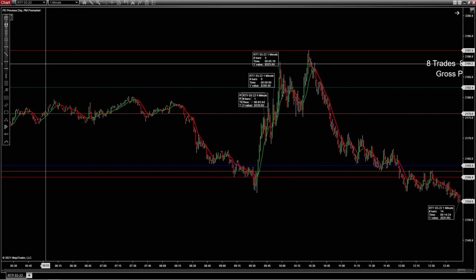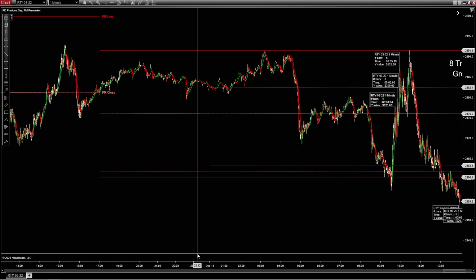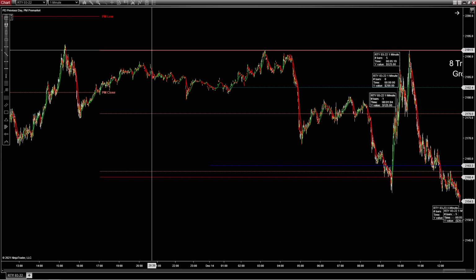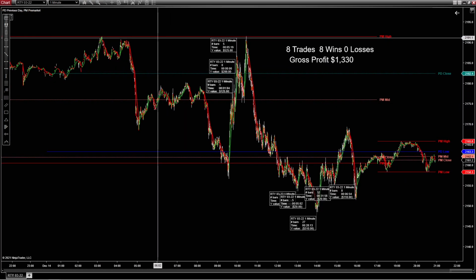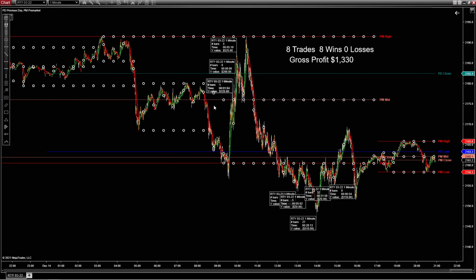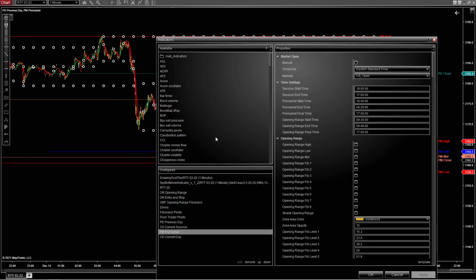So what we're looking for is we have an initial balance in the pre-market from right here to right here. And then let me add this other one so you can see the opening range. And this will make more sense of why we trade what we trade. Let's see here, if we do right here.